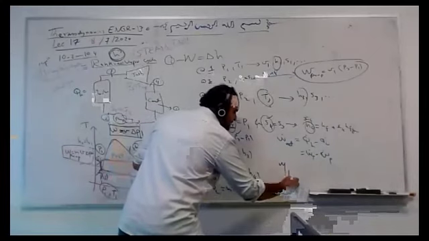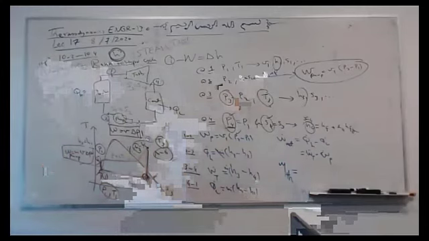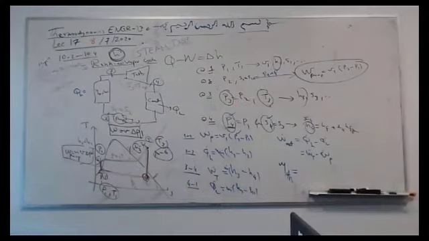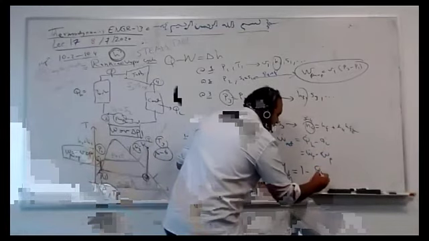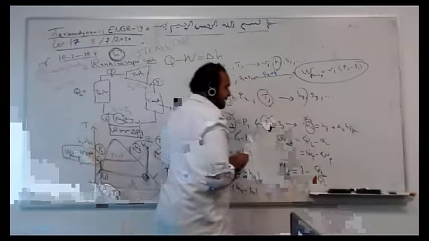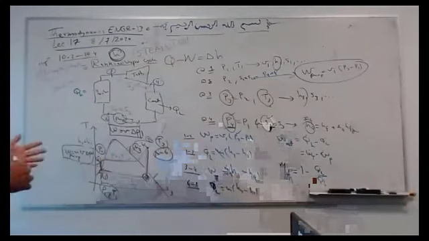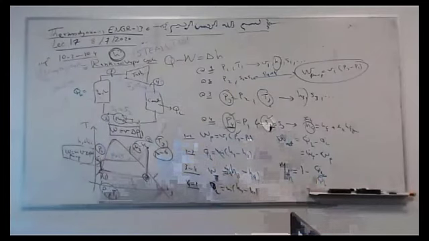And if I want thermal efficiency, can somebody tell me what the thermal efficiency is here? What is thermal efficiency, guys? One minus Q out over Q in. Exactly. 1 minus Q low over Q high. That's it. There is no simplification here because we don't have any relationship like an isentropic relationship or even an enthalpy simplification like Cp delta T. We cannot do that here.